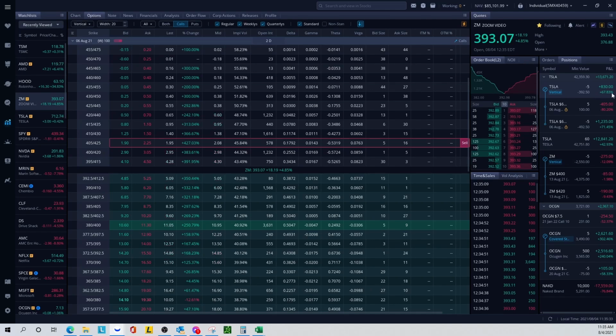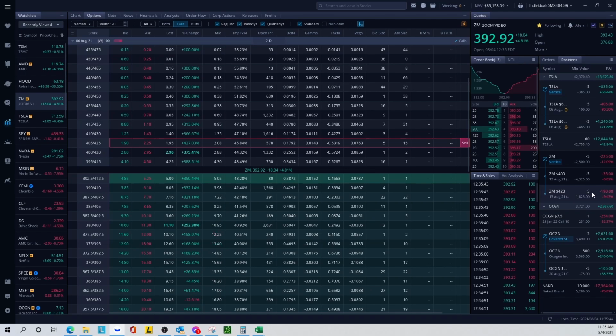Here you see unrealized profit of $800, but on this Zoom call credit spread, which has similar strike prices to what I'm looking at but a farther out expiration date of next Friday, it's currently negative $225.